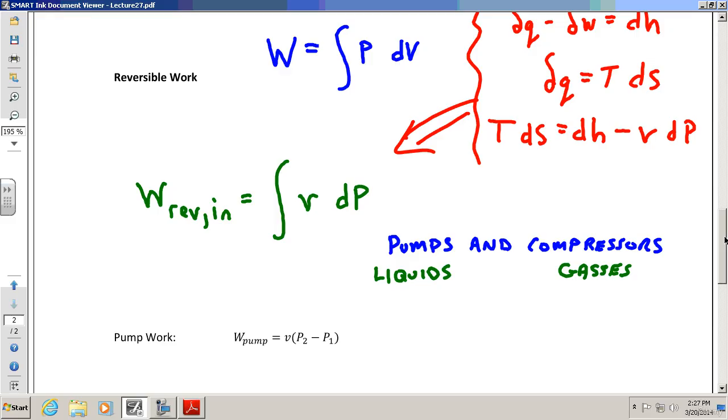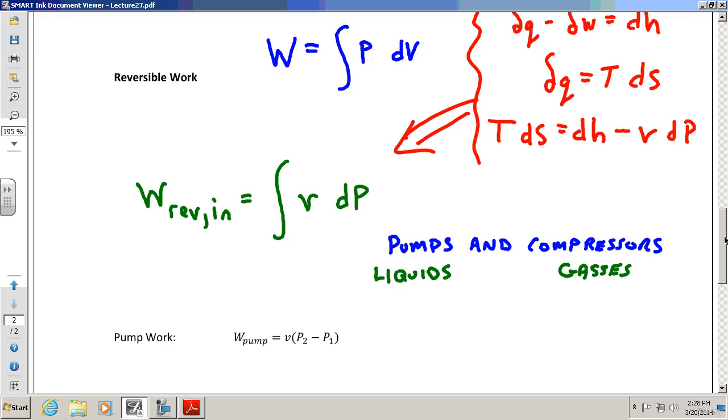Gases have a high specific volume. So which one is going to be easier to operate? Is it a pump pumping a liquid to a higher pressure, or a compressor pumping a gas to a higher pressure? If it's integral VdP, which one is going to have the greater work in, meaning it's going to consume more energy?